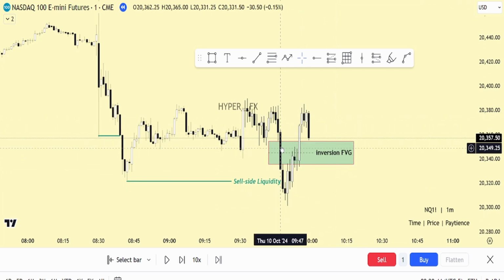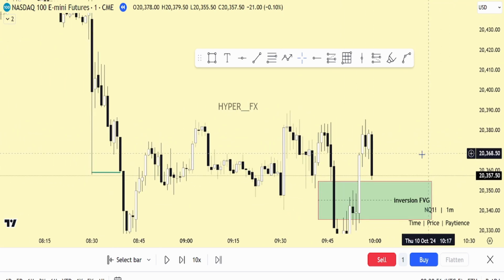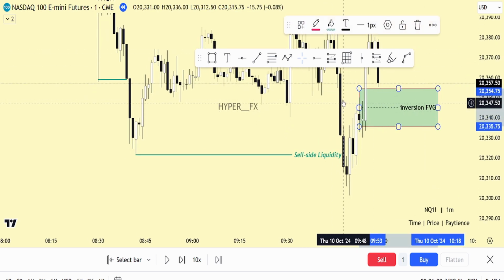Remember that a fair value gap is meant to send price down, like a sell side imbalance, buy side inefficiency. That is the difference. Let me show you what I mean by a fair value gap. If you take a look at the low of this candle and the high of this candle, they are not touching each other.